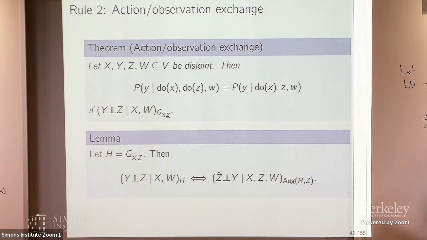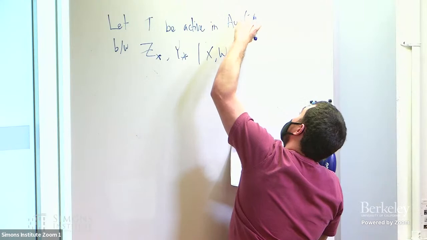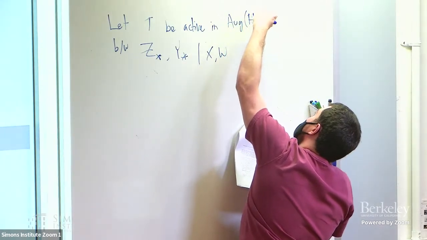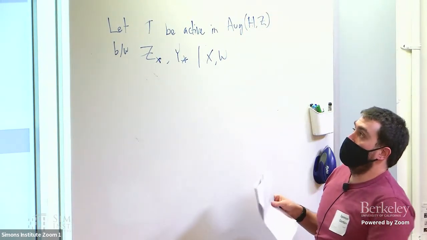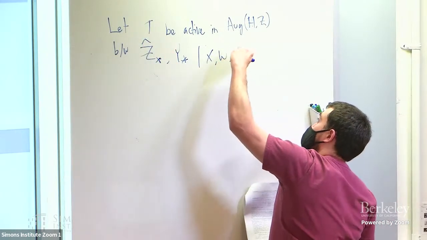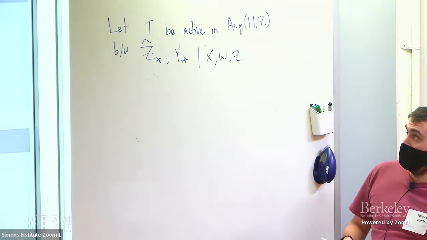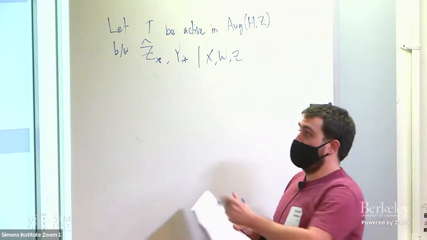Okay, so for the other direction, we're going to let T be an active trail in this augmented graph between Z hat star and Y star, and we're now going to add to our conditioning set Z. Okay, so let's look at what the start of this trail looks like.